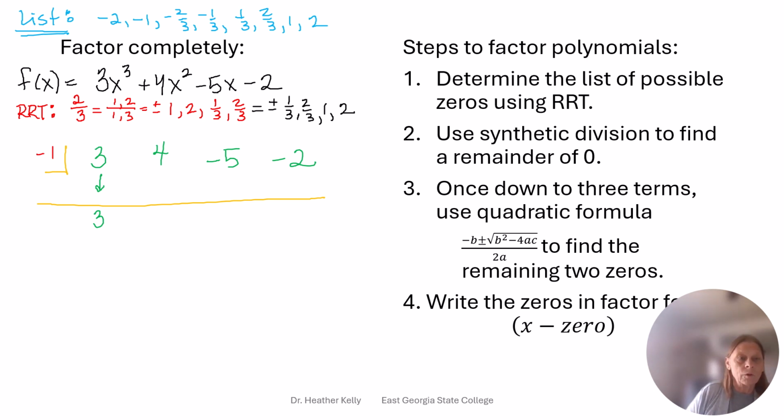So -1 times 3 is -3. 4 minus 3 is 1. -1 times 1 is -1. -5 minus 1 is -6. -1 times -6 is +6, not a 0, right? So we're going to come up here and take -1 off the list because it didn't work.